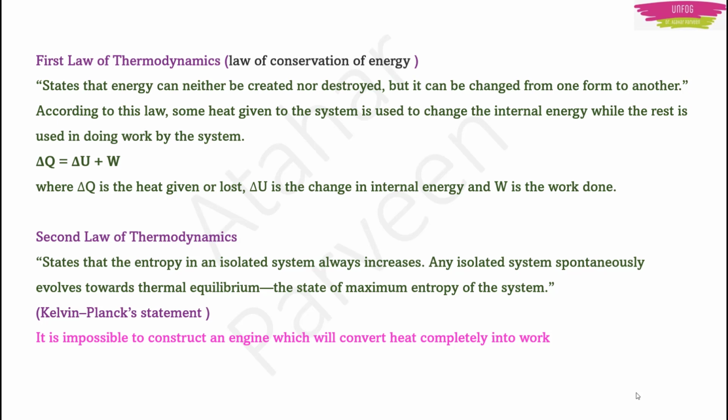This Kelvin-Planck statement talks about the same thing, the entropy only, but they have taken the example of a heat engine. They have said that it is impossible to construct an engine which will convert heat completely into work. It is not possible, right? Heat cannot be completely converted into work. It has to be wasted, or it has to be used somewhere else also. So this is known as Kelvin-Planck statement. This also comes under second law of thermodynamics.